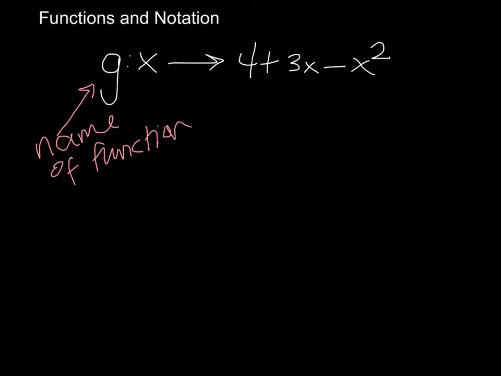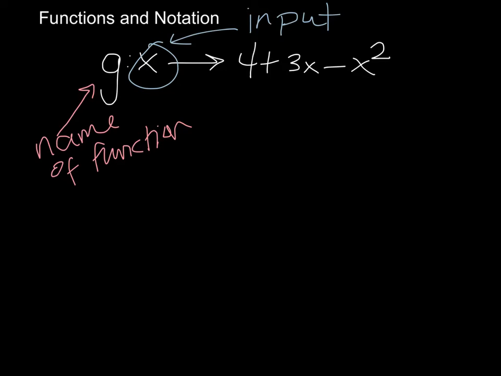So we're saying g such that, remember colon means such that, x is the input variable, or is the name of the domain. It's the set of x's. So we've got g such that x is, and then this arrow just means is, okay?